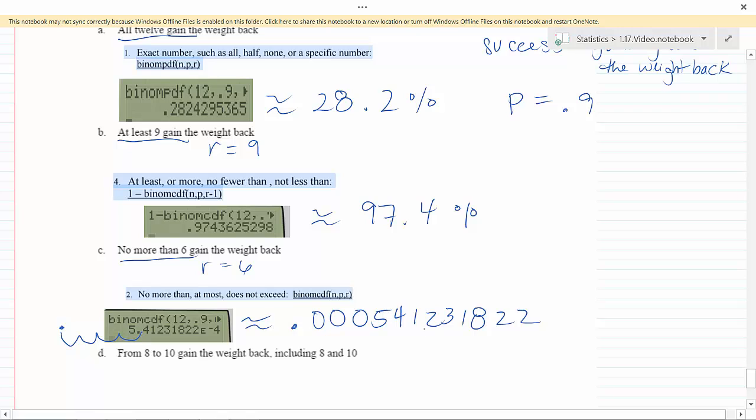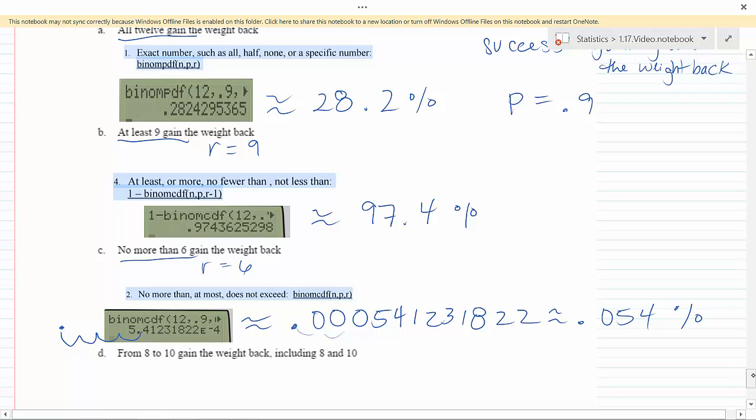If I wanted to make this a percent, I could move it back 2 places. So that would be 0.054% chance, that's real low, that no more than 6 gain the weight back.